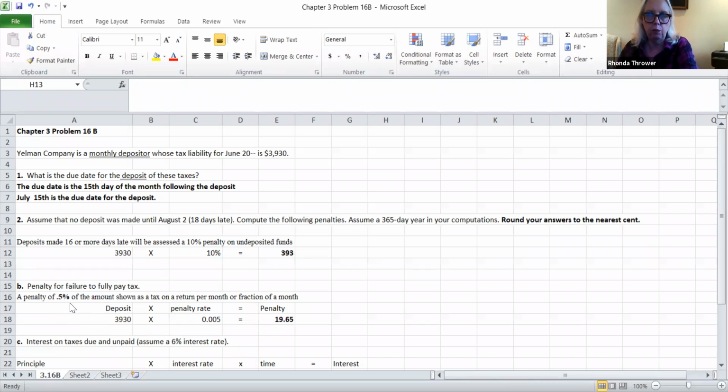It's 0.5%. So we're going to multiply 3,930 times 0.005. Notice this is 0.5%. If you change it to a decimal, you move it 2 places to the left, and the decimal number for 0.5% is 0.005. If you multiply that by the deposit, the penalty is $19.65.